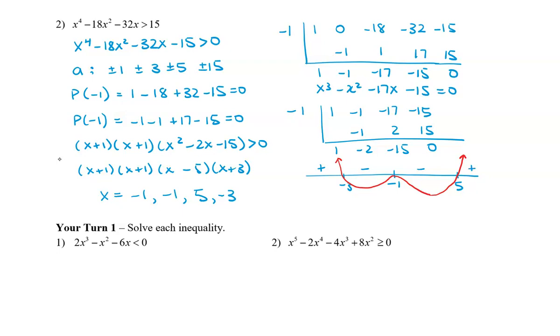So according to our inequality, remember that we want values where it is greater. Okay, so this would be x is less than -3 and x is greater than 5. So that is how you solve a polynomial inequality.